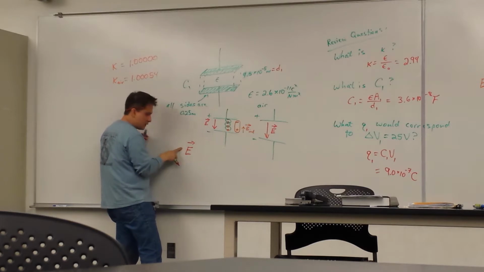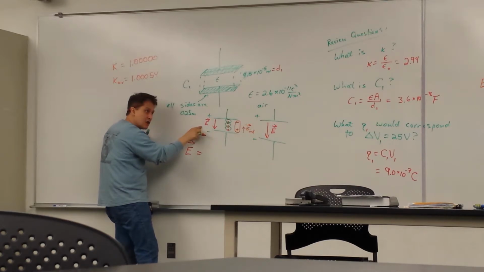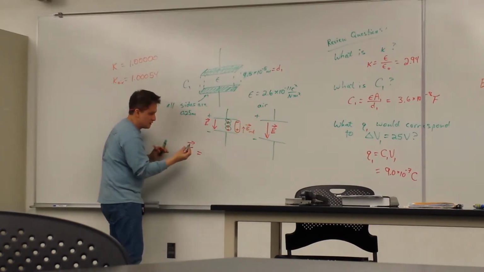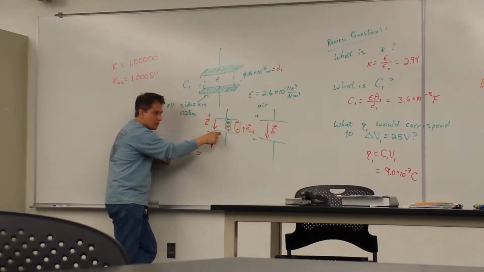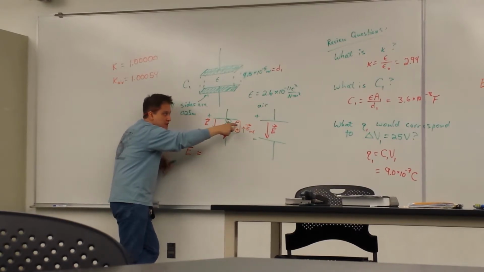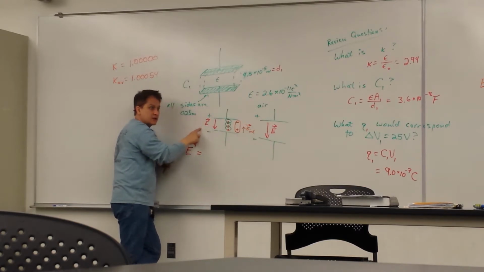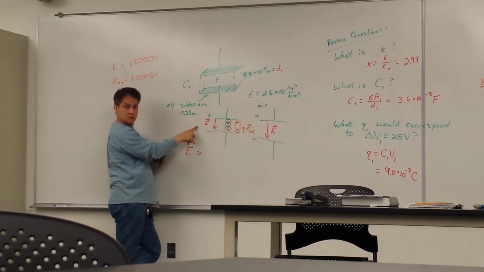So if we thought about the electric field, it's the same on both sides, but it's going to have to be equal to whatever the electric field would be in a vacuum. When you subtract this induced electric field, you get the same total electric field.